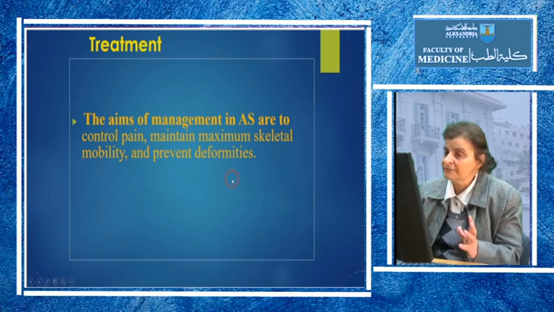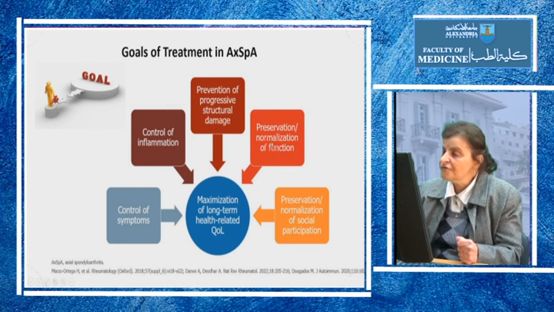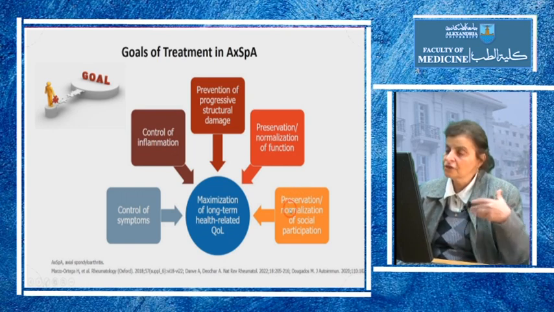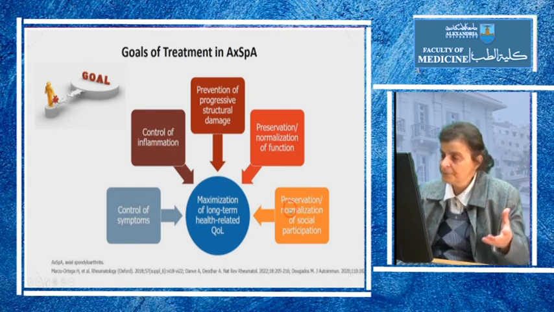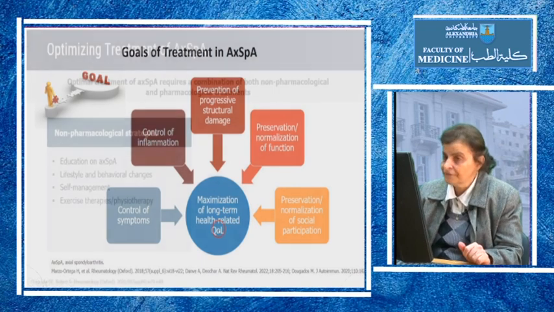These are our goals: to control the symptoms, control the inflammation, prevent progression of structural damage, preserve normalization of function as much as we can, and keep our patients active, so that he can go to work, he can participate as a normal individual in his daily activities and have a good long-term quality of life.